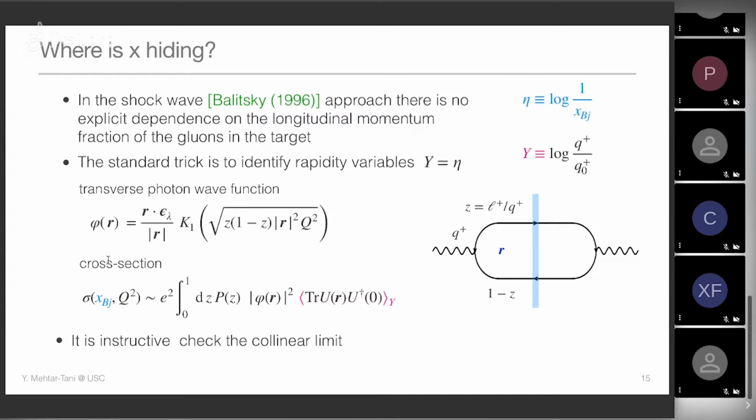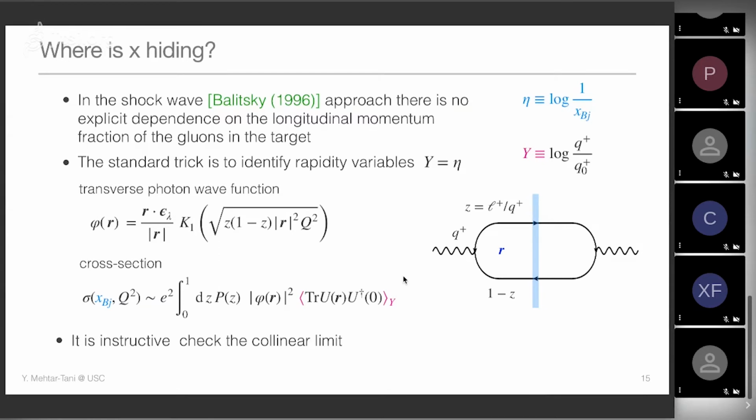You can see, we know that the cross section depends on Q squared and Bjorken X. And on the right-hand side, the dipole scattering amplitude depends on this rapidity, which is not directly connected to X Bjorken. So to dig deeper into this mismatch between X and Y, let's see what we get when we take the collinear limit.